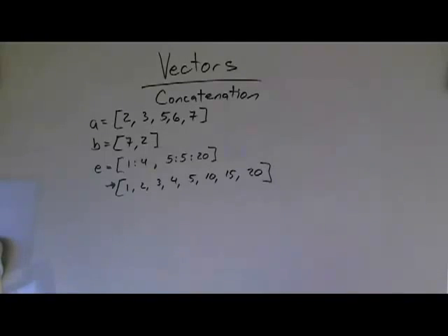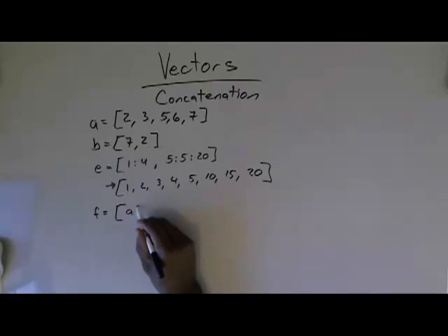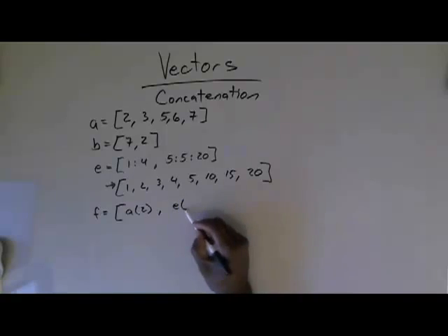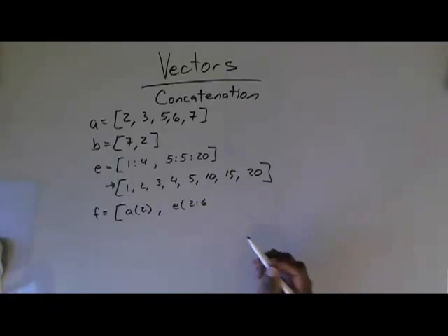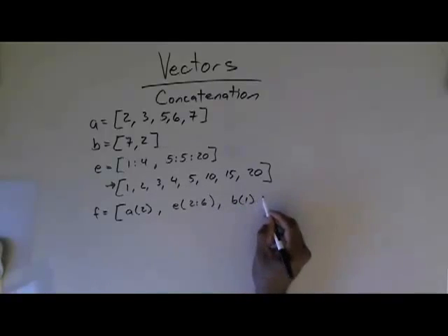You could even do, if this is now vector E, you could do vector F equals A indexed at 2 concatenated with E indexed from 2 to 6 concatenated with B indexed at 1.